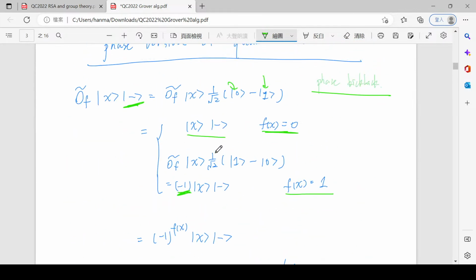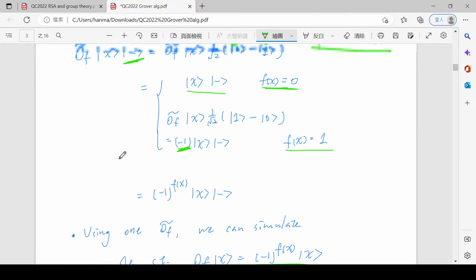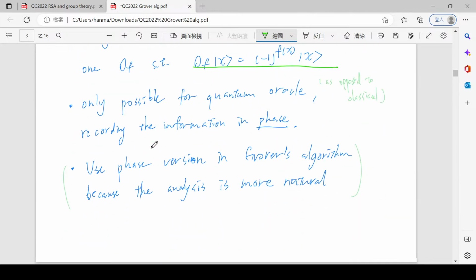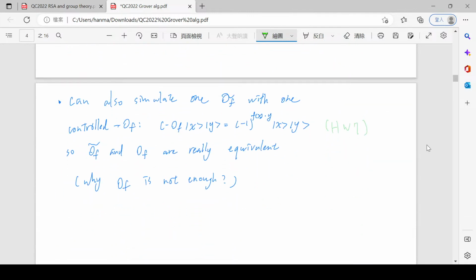And this we should have seen many times. We have seen this technique in the Deutsch-Jozsa algorithm, and also you have already proved it. You should have already proved this in your homework.